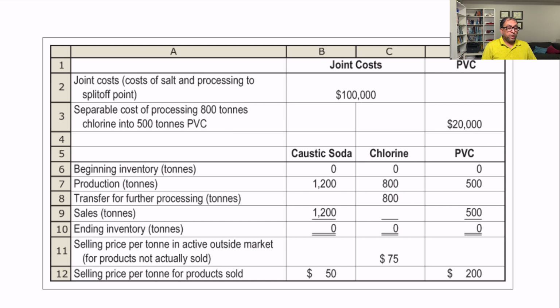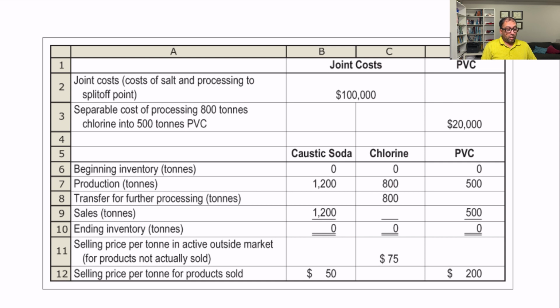So we see that the joint cost is $100,000, and there is a separable cost which we incurred on PVC in order to convert the chlorine into PVC, which is $20,000. There is no beginning inventory for any of the products. For production, we know that we produce 1200 tons of caustic soda, 800 tons of chlorine and 500 tons of PVC.